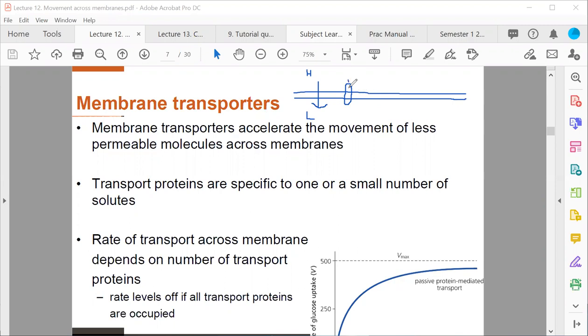Okay, so diffusion is still a passive process. There's still no input of energy, and movement across the membrane through these proteins still occurs from high concentration to low concentration.